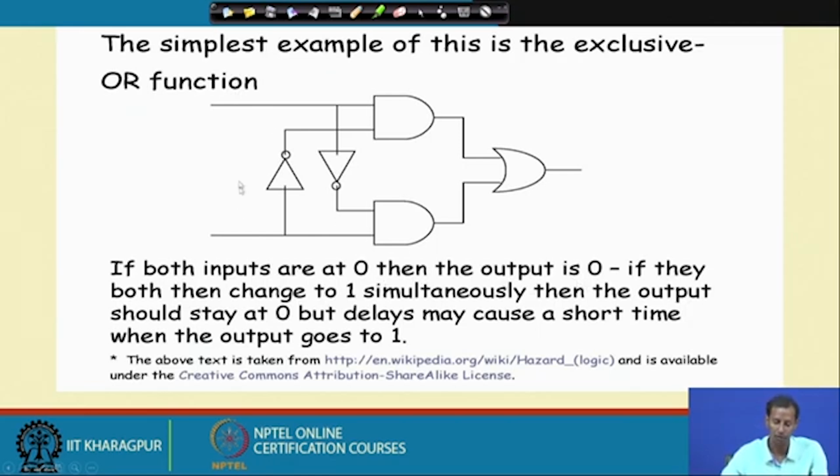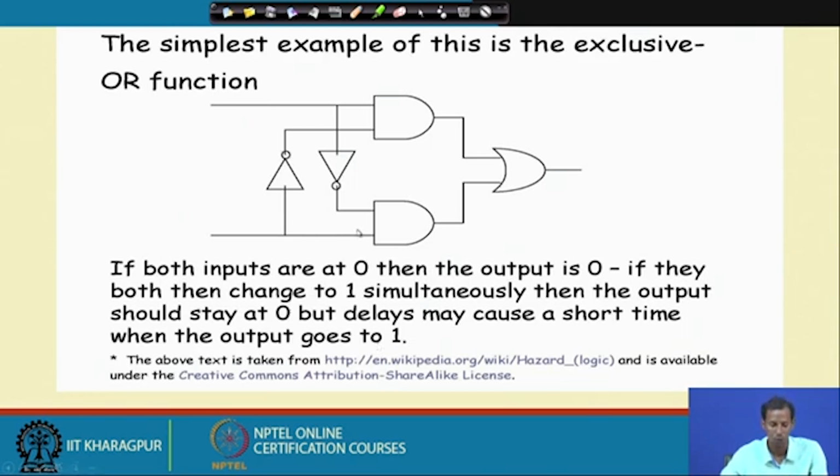With an AND gate, whatever the other input is, this is 0, this is 0, so this is 0. If they both then change to 1 simultaneously, then the output should stay at 0, but delays may cause a short time when the output goes to 1.